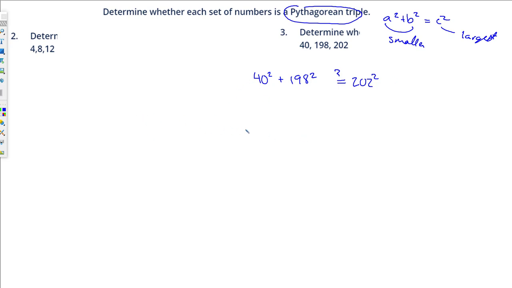So 40 squared is 4 squared, which is 16, and double your zeros. 198 squared is 39,204, and then 202 squared is 40,804.